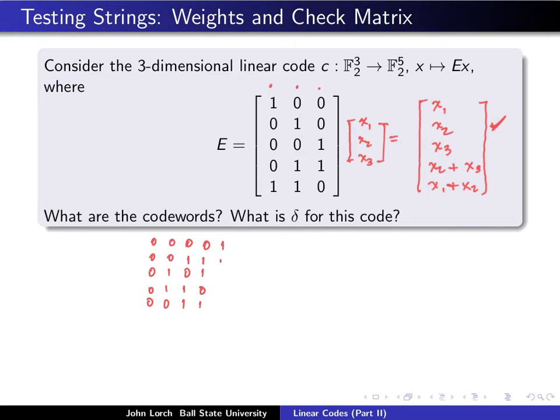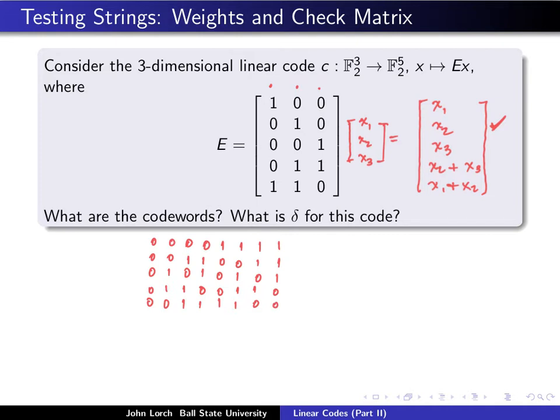And then moving on, 1, 0, 0, 0, 1, and then 1, 0, 1 for x1, x2, x3, and we should get 1, 1 to fill out the last two bits, and then 1, 1, 0 gives us a 1 and a 0 for the last two bits. And then finally, x1, x2, x3 being all ones is going to result in zeros in the last two bits.